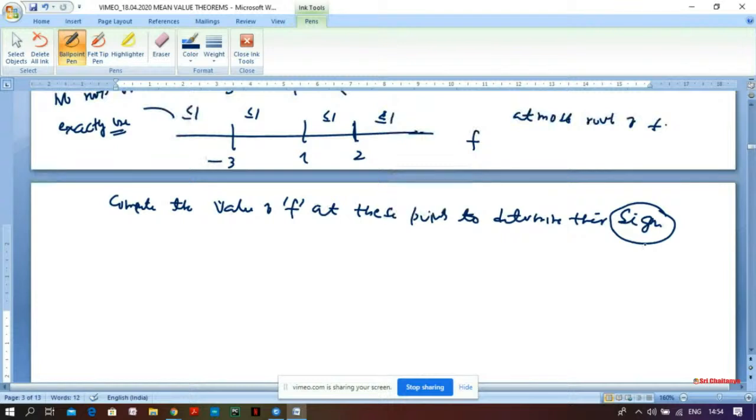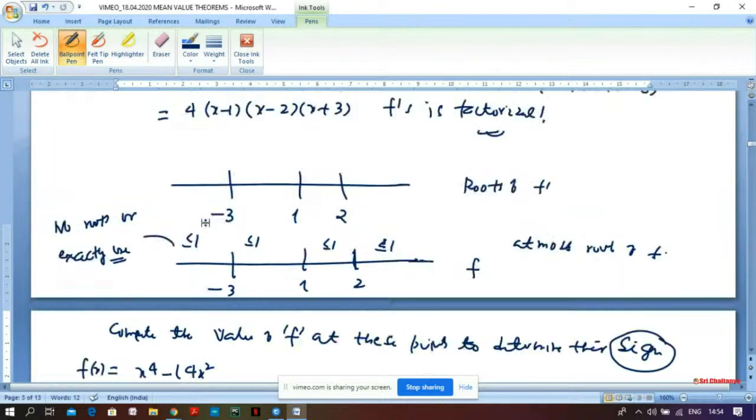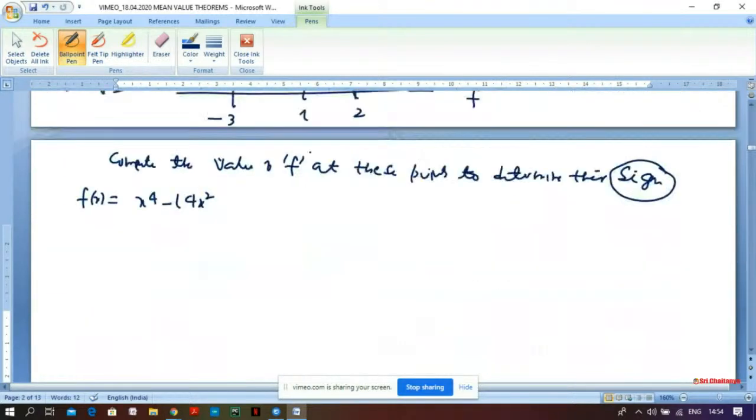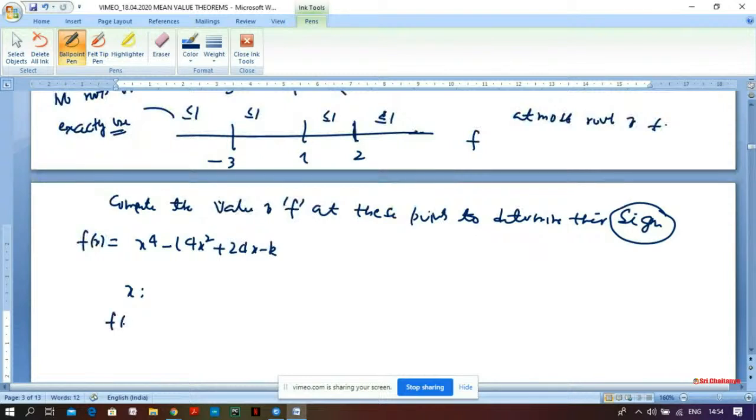So what I can do here is write f of x again. F of x was x to the power 4 minus 14x squared plus 24x minus k. Now I will write x and here f of x.